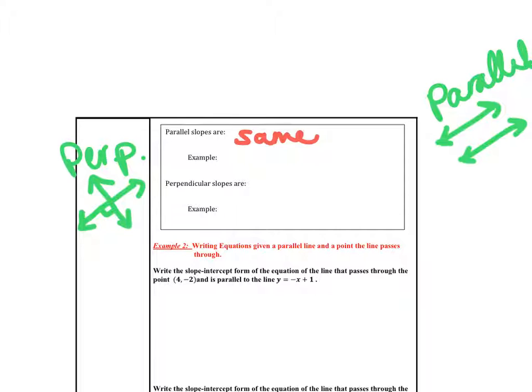Aaron, what do you think? The y-intercept? Yeah, because otherwise you end up with lines that are overlapping, and those would not be parallel because they'd be constantly intersecting. Parallel lines need to be spread apart so they never touch. So they have to have the same slope, but they have to start at different places so they don't cross.